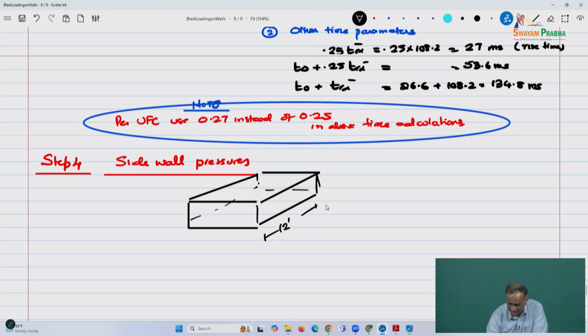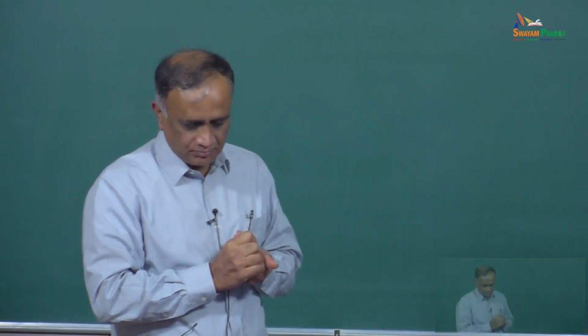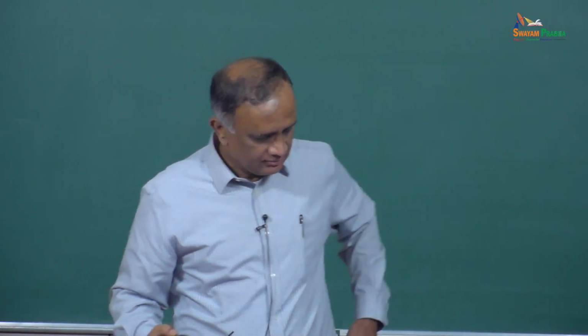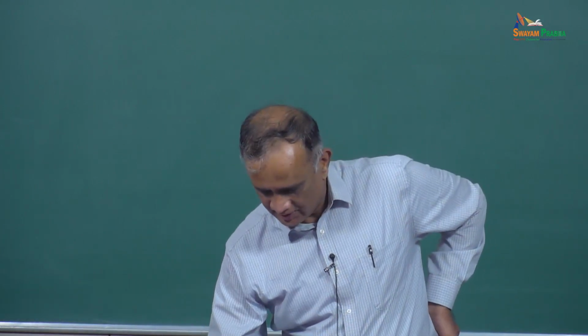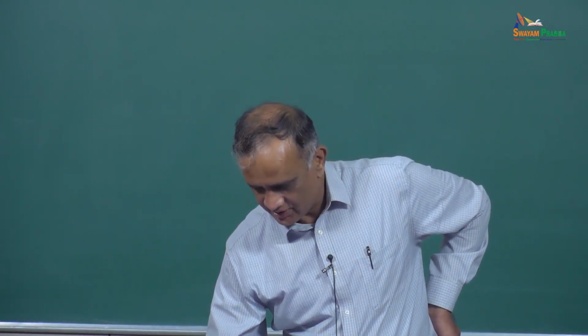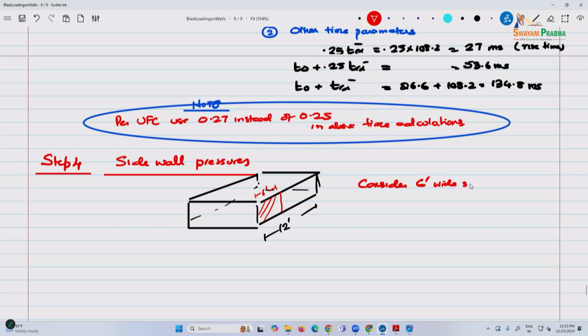So this is 12 feet, and I'm considering the first half of the sidewall, 6 feet. It also depends on your structure, right? If you have columns, you can consider the first panel and then use that. So consider 6 feet wide sidewall, giving L equal to 6 feet.